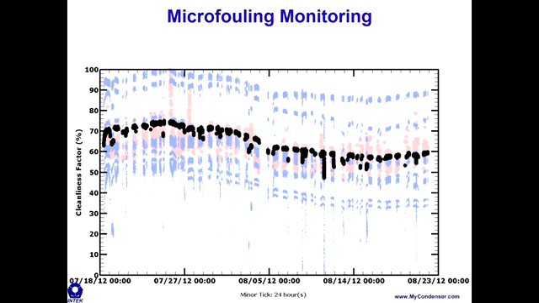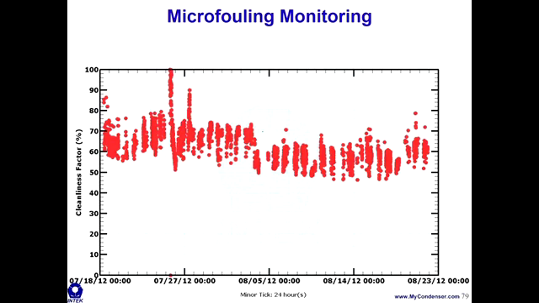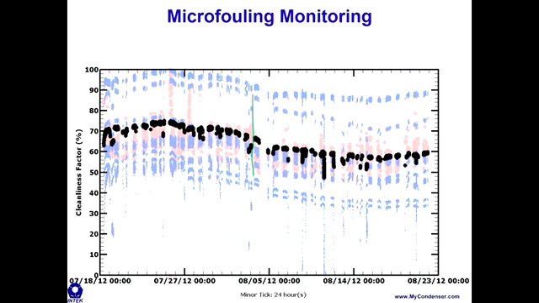And so here's what you see. Before, in the bulk cleanliness, we'll go back a slide, right about here is where that cleanliness seems to have taken a sharp jump. But now, looking at the single tube cleanliness data, it's pretty clear that microfouling started to occur several days earlier, maybe even back here.